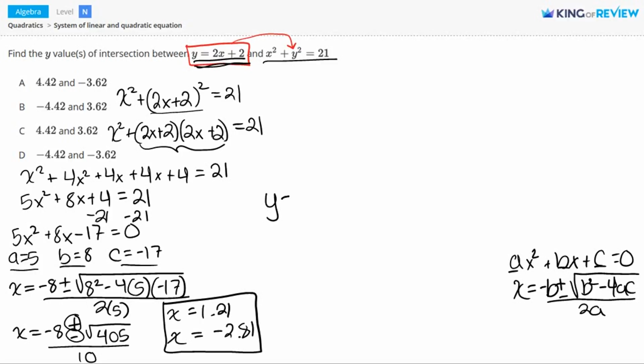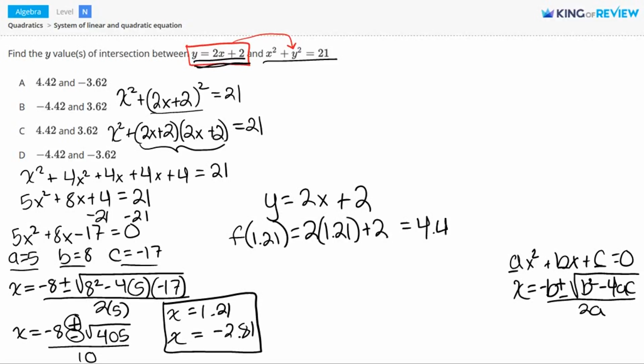The equation is y equals 2x plus 2. So let's plug in our first x value. F of 1.21 equals 2 times 1.21 plus 2, and this equals 4.42. So our first y value is 4.42. This represents the y-coordinate of one of the points of intersection.